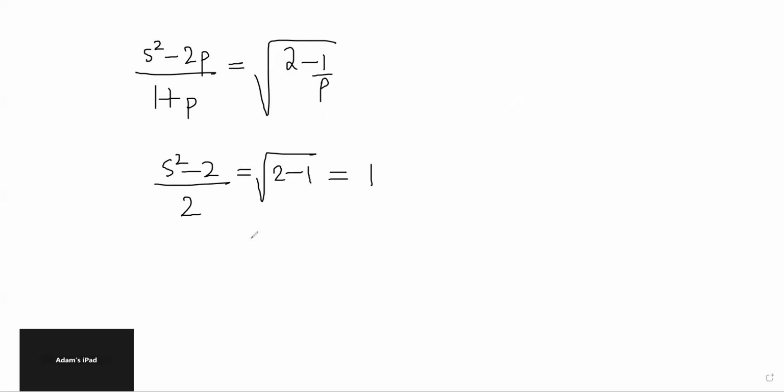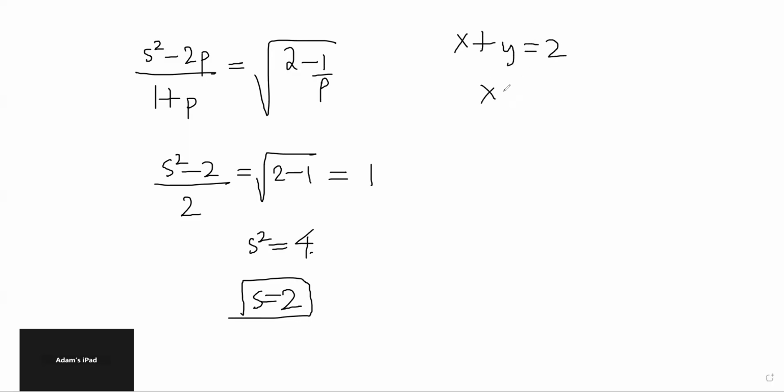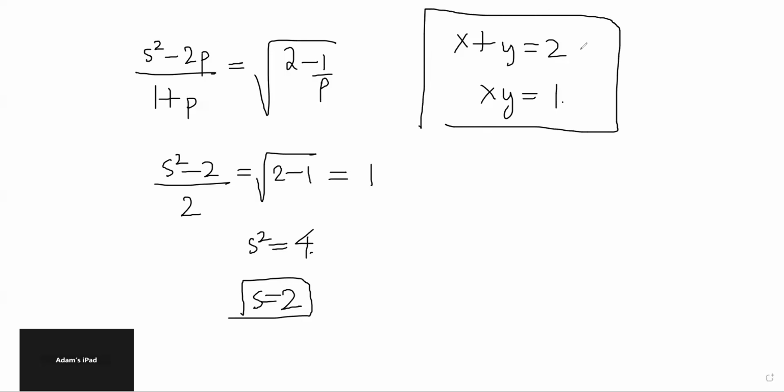So you're getting s square is equal to 4. S is equal to 2, we are ignoring the minus 2 because we said that x and y are positive. And s is equal to x plus y. So we are getting x plus y is equal to 2 and xy equals 1. The only possibility here is x is equal to y is equal to 1.